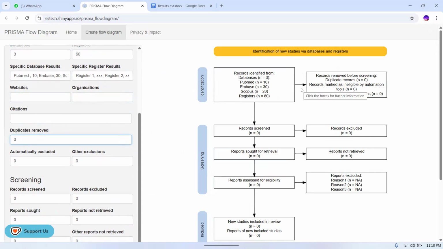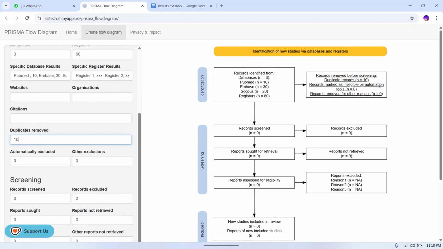Now, once we import articles to our screening tool, let's say Rayyan, after that we resolve the duplicates. Now, how many duplicates? Basically, records removed before screening or duplicate records. Let's say I resolved out of these 60, there were, let's say, 10 were duplicates, right?